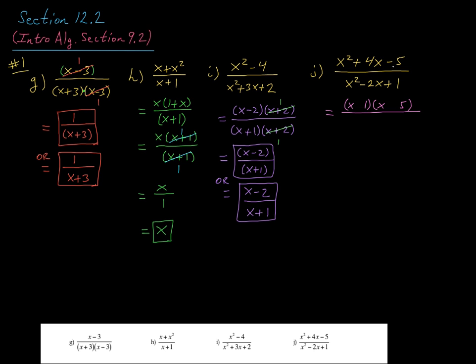But now, since this is a negative 5, I know these signs are going to have to be opposite one another, and I need a middle term of a positive 4. So that would tell me make the 5 a positive, because I'll get a positive 5x, and then make the 1 a negative, because that's going to take 1x away for the middle term, leaving you with that 4x. All right, now down in the denominator, it's another trinomial.